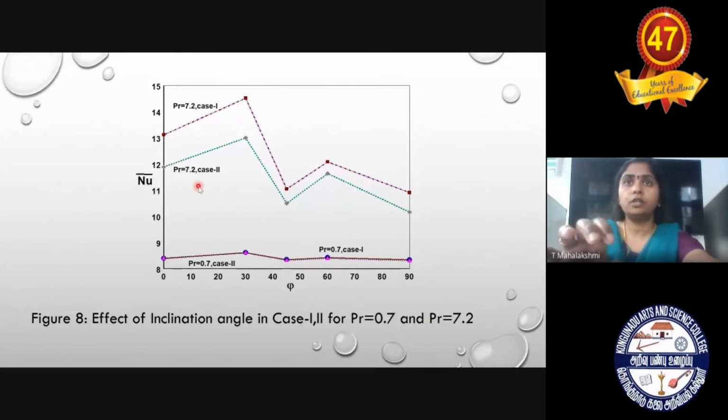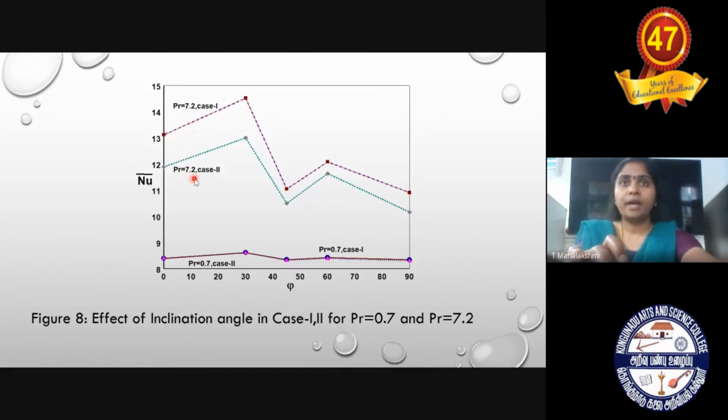If we tilt the enclosure along with the movement of the wall, the heat transfer rate is changed like this. So the highest heat transfer rate is obtained for case 1 with the titanium dioxide nanofluid in the base fluid water.